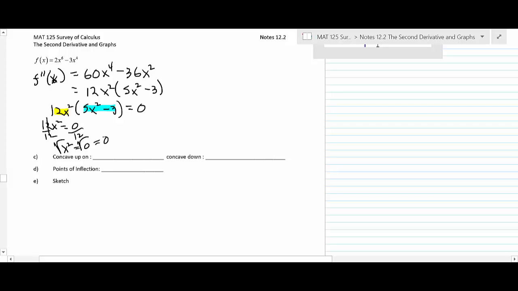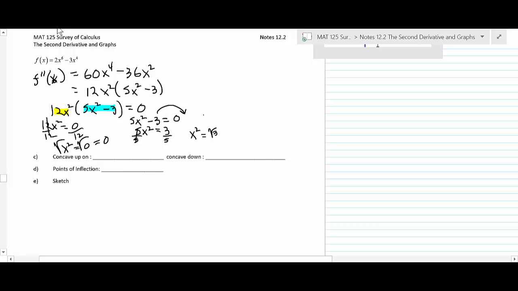So in your sign chart, you're going to use 0 as a critical number. Now if you do 5x squared minus 3 equals 0, you isolate x squared, and then you do the square root. So you add 3 to both sides so that you have 5x squared equals 3. Then you divide by 5, so you have x squared equals 3/5.